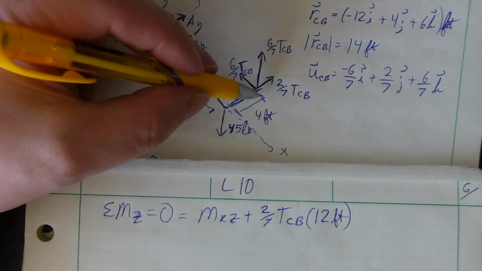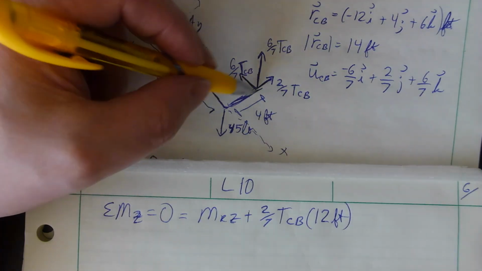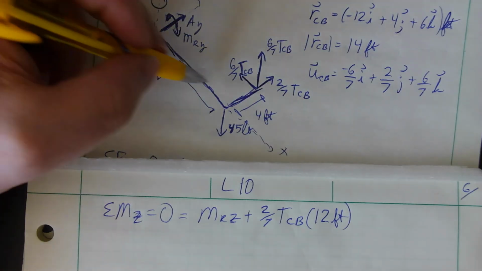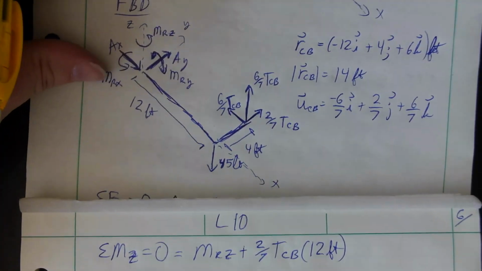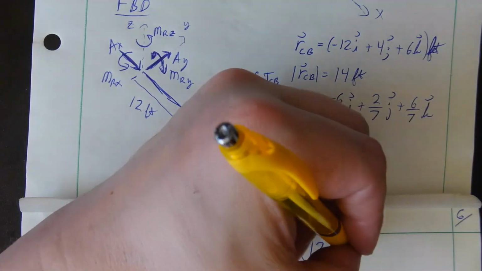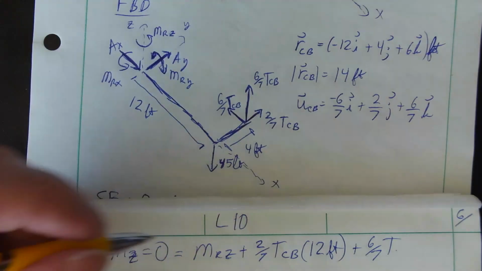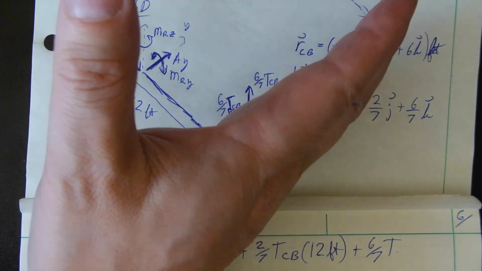This is not in the z direction. It is not passing through the z-axis. It is 4 foot away from the z-axis. And it is also trying to cause a rotation about that z-axis. This is plus 6/7, if I put my right thumb in the positive z direction. This one you can kind of see, right?